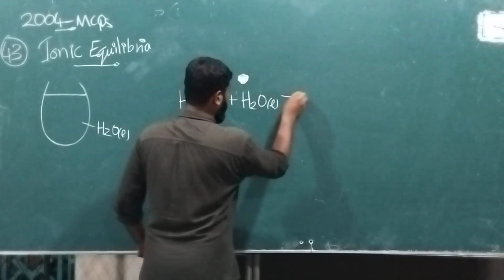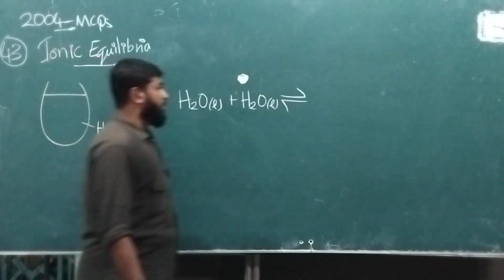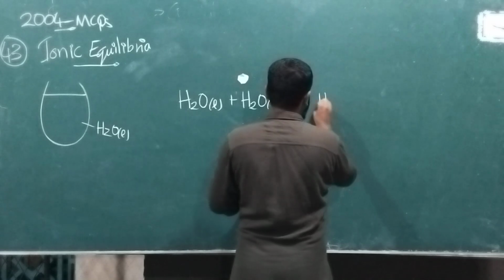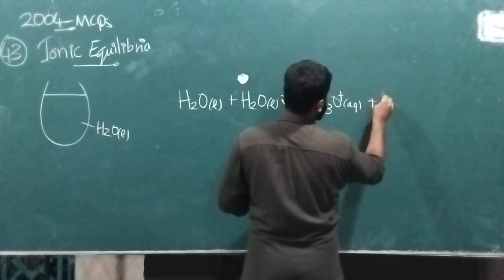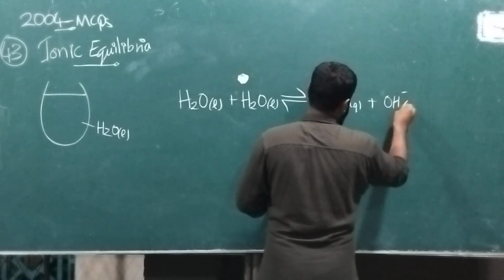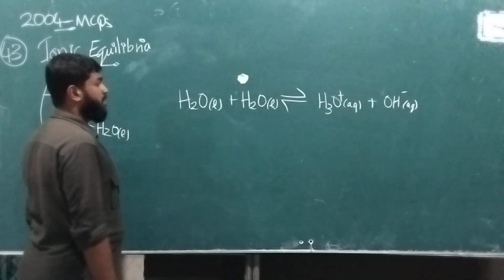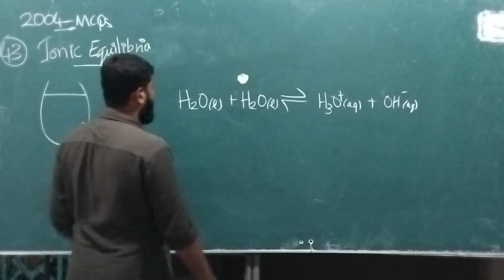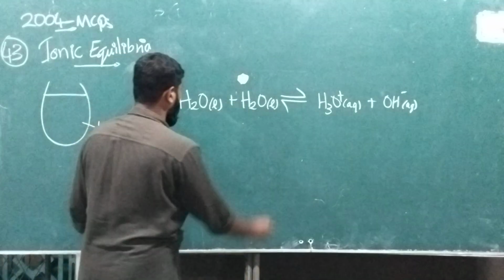So when two water molecules undergo partial reaction, giving H3O plus aqueous and OH minus aqueous in the medium, you can write it this way, or you can write two water molecules. This is also correct.